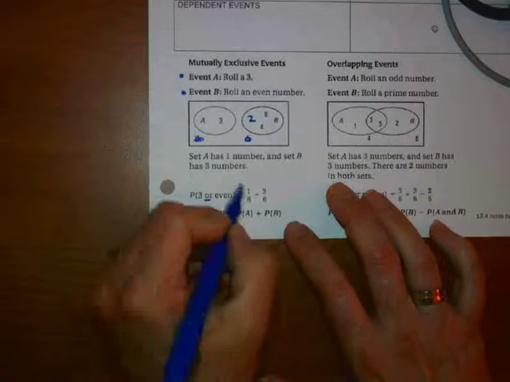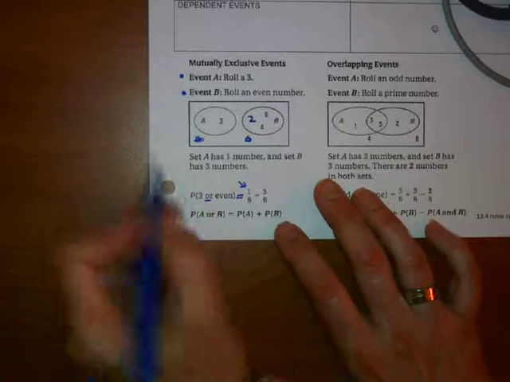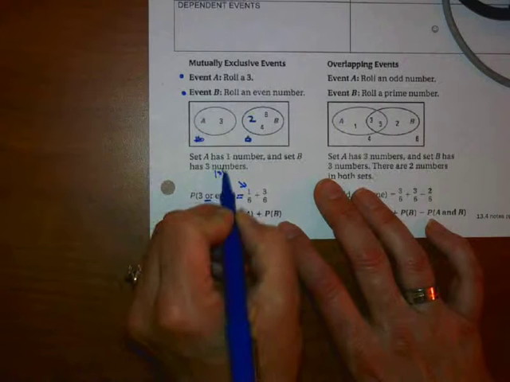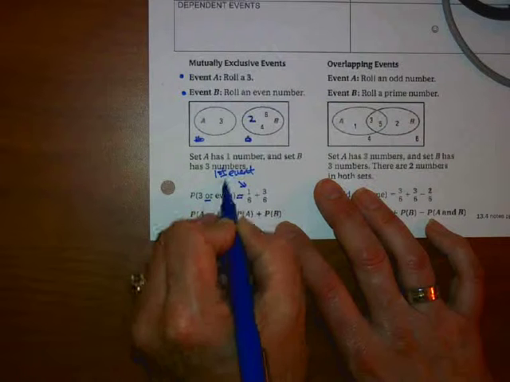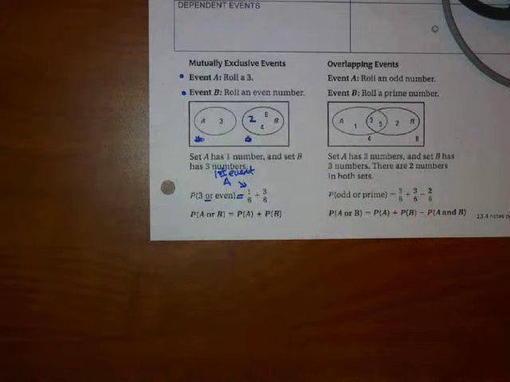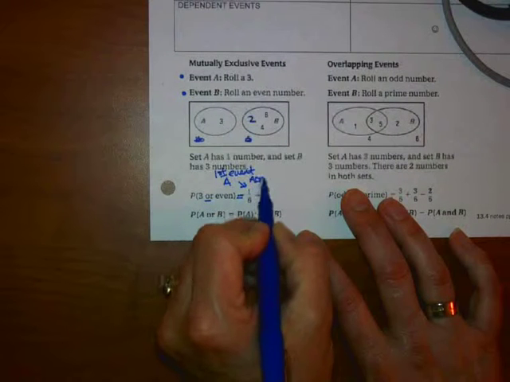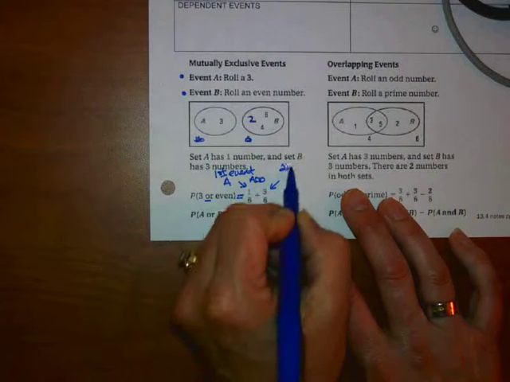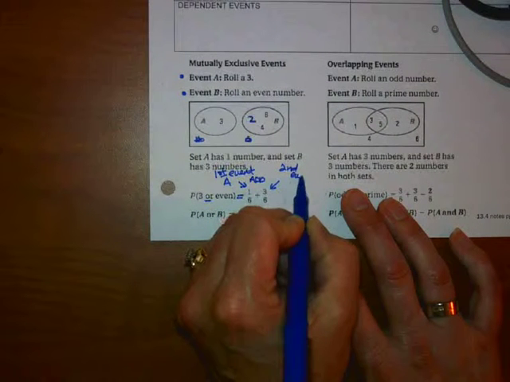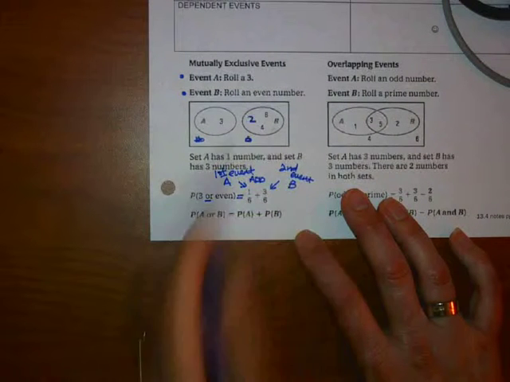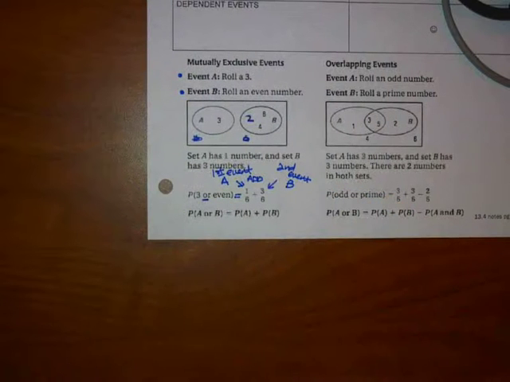So what you do is you just add the probability of the first event, which is our A, 1 out of 6 chance of getting a 3. You add it to the probability of the second event, which is our B. And to get an even number, you have a 3 out of 6 chance. So you just add the two probabilities together when you have an OR like that.